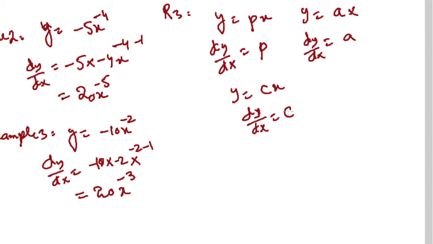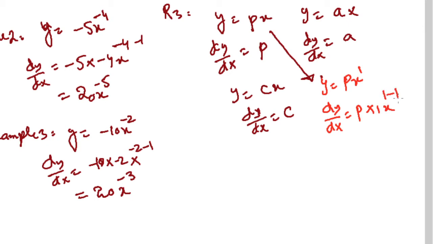What is the reason? Look at this one. y is equal to px, so dy dx is equal to p, power is 1, so 1 into x power 1 minus 1.